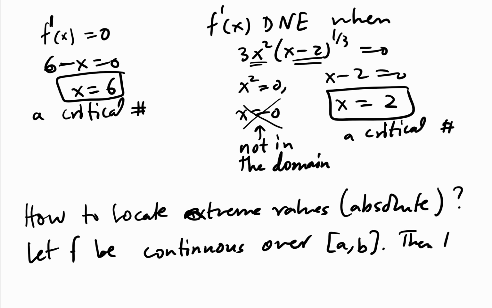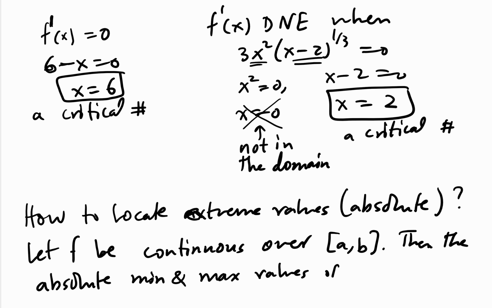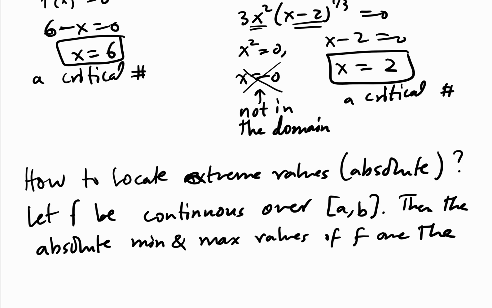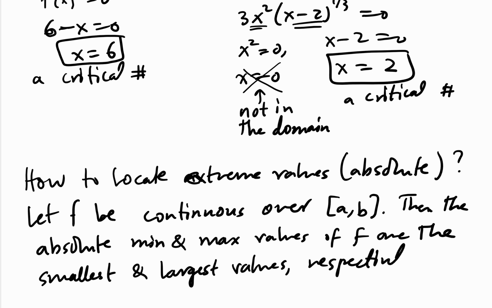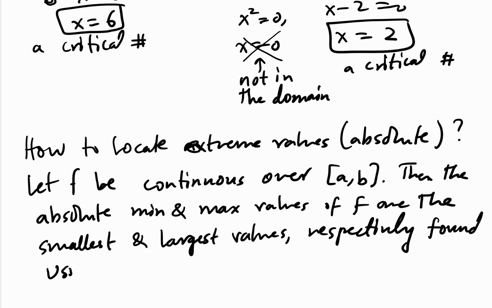Then the absolute min and max values of f are the smallest and largest values, respectively, found using what?